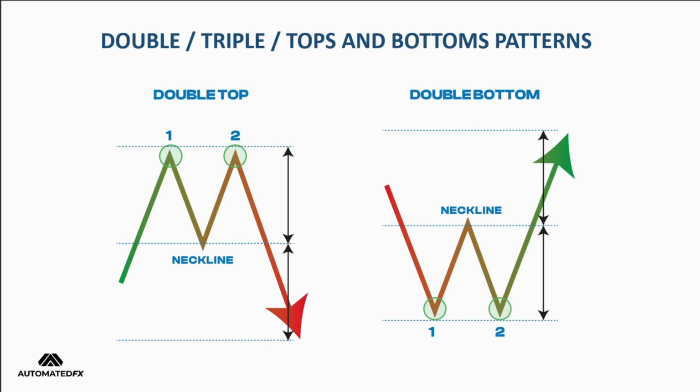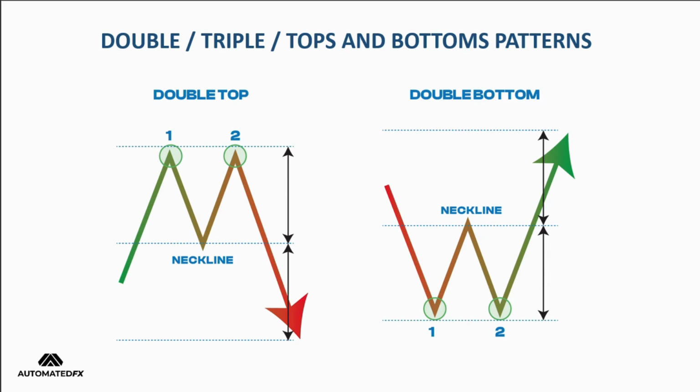The first one, a double top, forms when price reaches a resistance level twice and fails to break above it. A triple top occurs when price tests the same resistance level three times. These repeated failures show that buying pressure is weakening and sellers are starting to gain control.